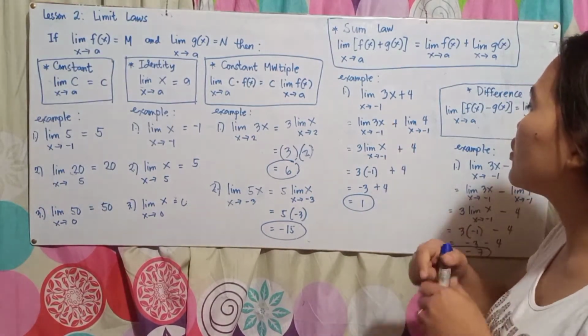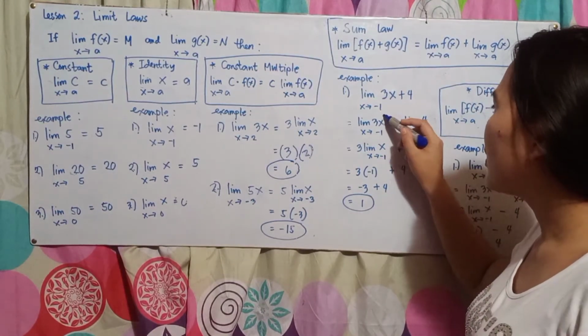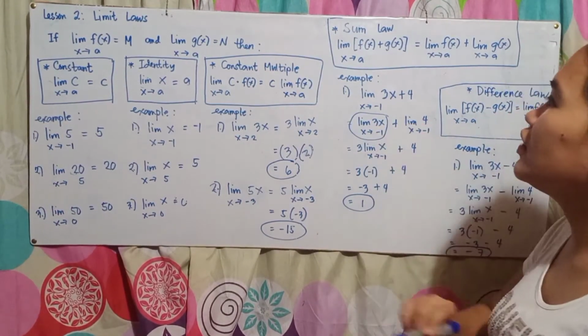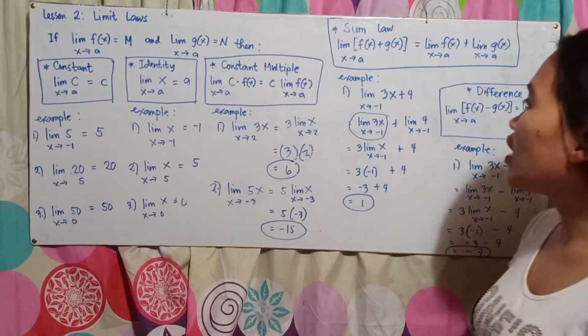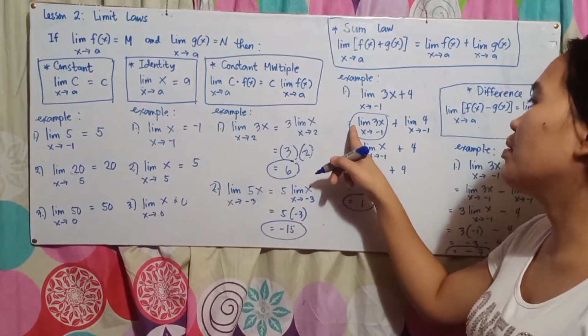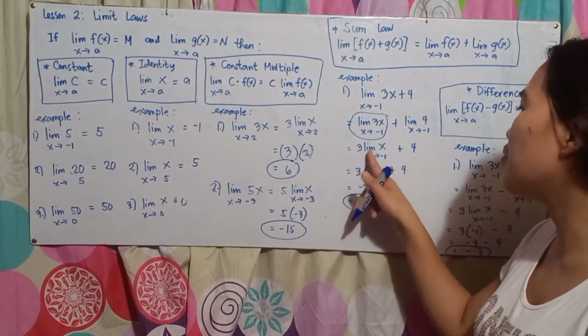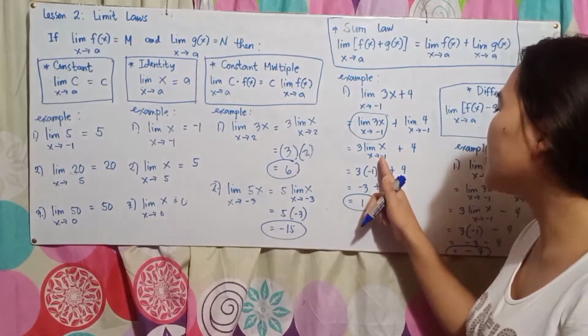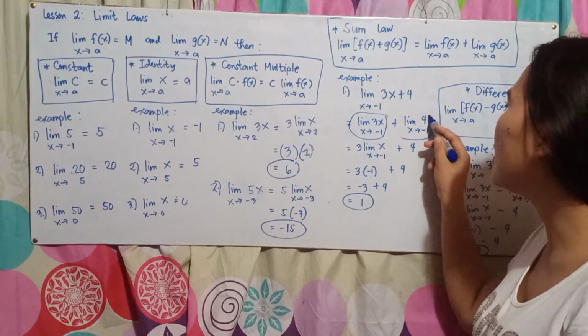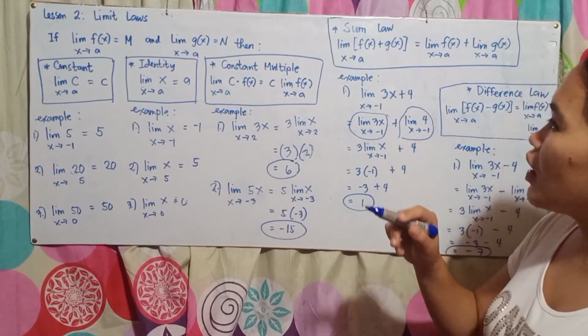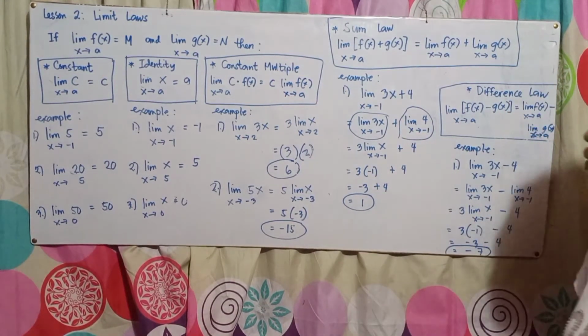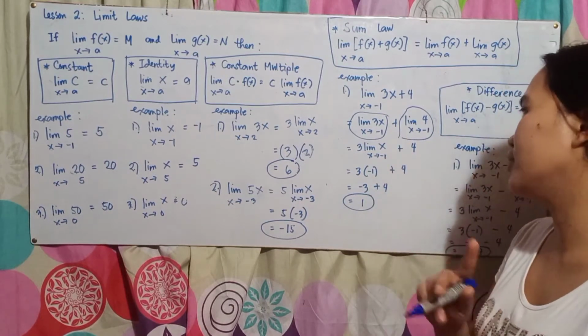So, kanina portion, under siya sa constant multiple na laws. So, di ba, pwede ka makagamit nila og constant multiple na laws. So, ani, 3 limit of x as x approaches to negative 1. Kani, pwede ka makagamit og constant laws.